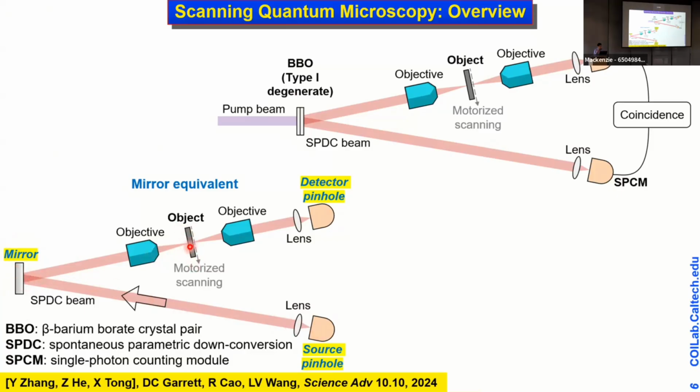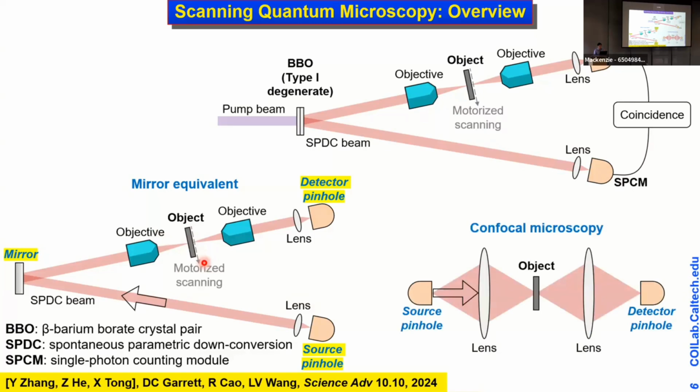Now you have a virtual pinhole on the object plane. Now you've got two pinholes working on the same plane. So that means this is a confocal system, a classical confocal setup. You have a point focus on the object plane from the illumination side, as well as the detection side, and you will have a PSF squared effect due to the confocal detection.